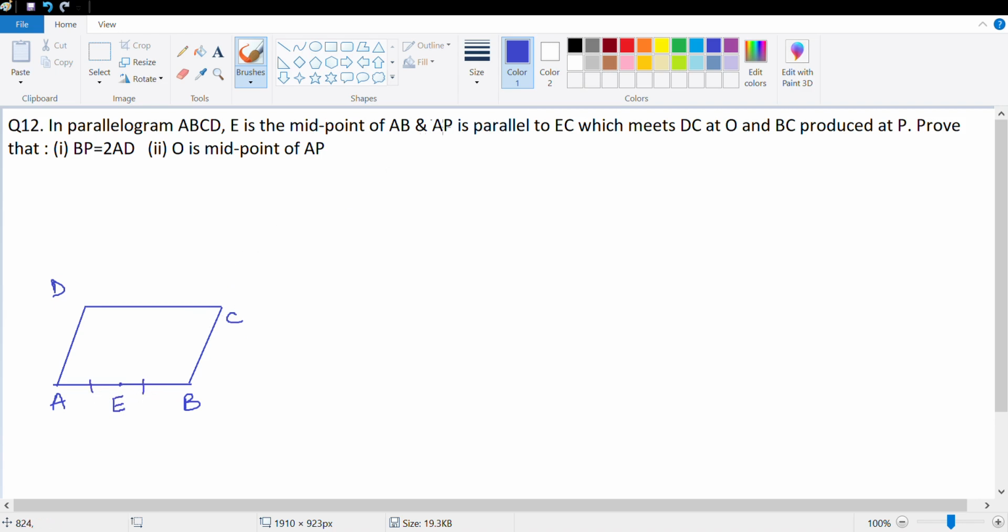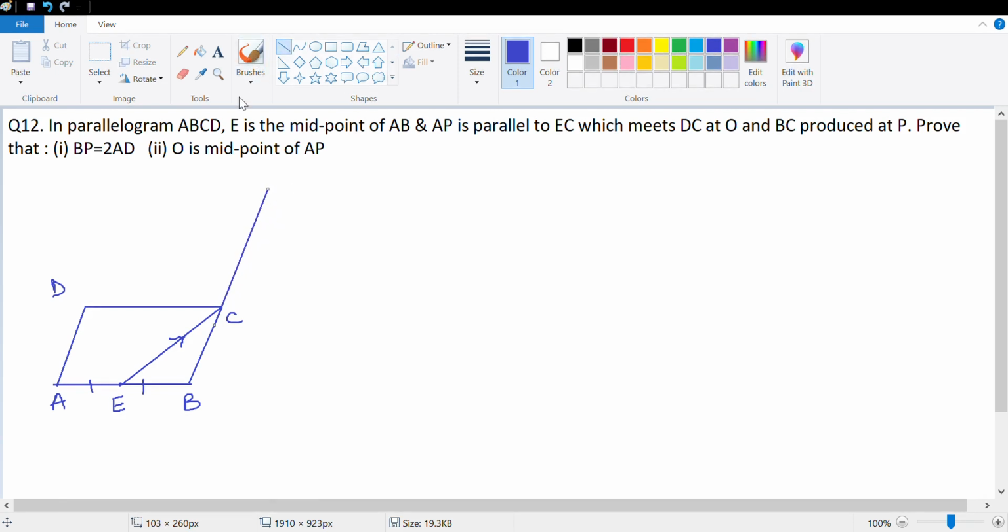Next, AP is parallel to EC. So let me first join E and C. And AP, where is AP? AP is parallel to EC, which means BC produced at P. So I am basically producing BC, and let's see where it will meet BC produced.